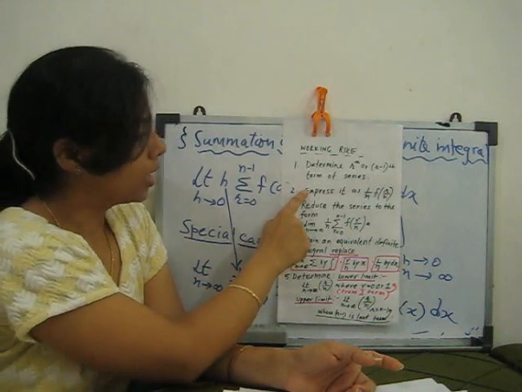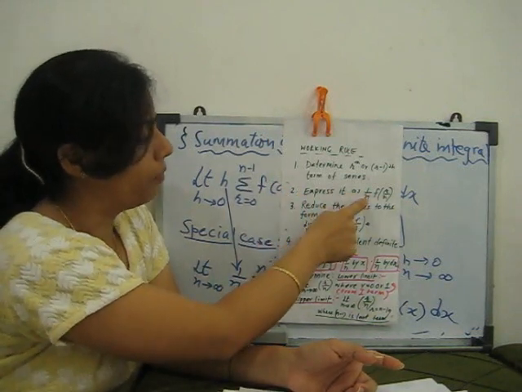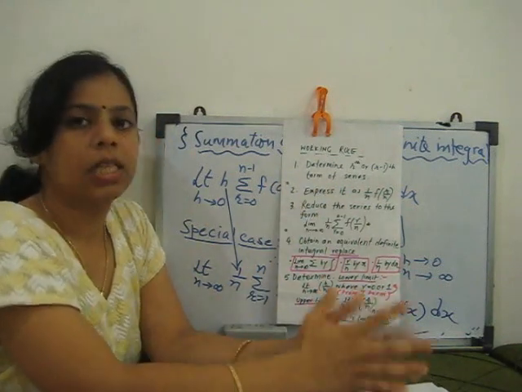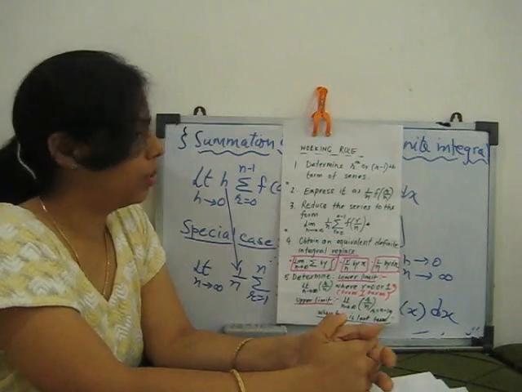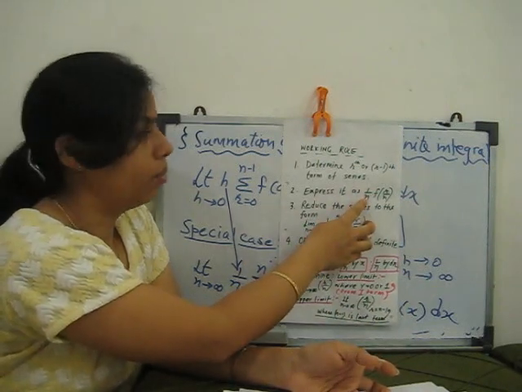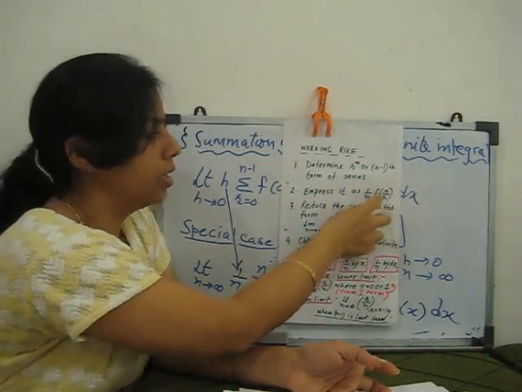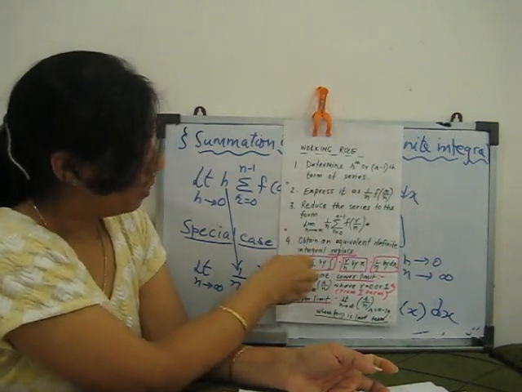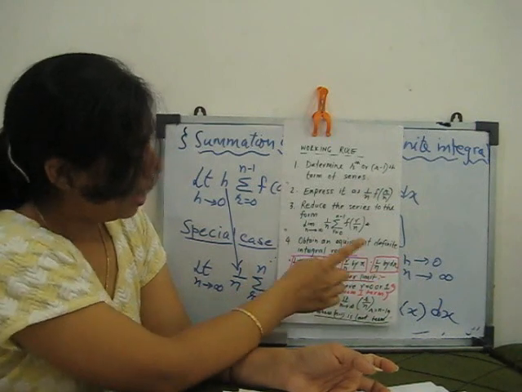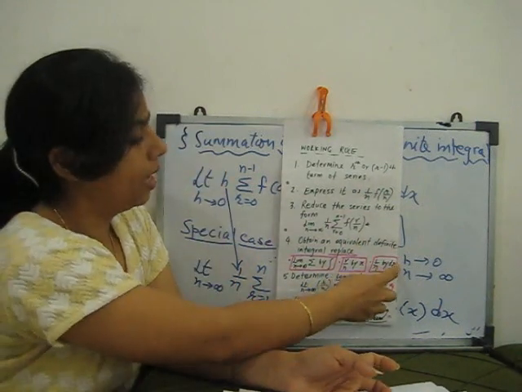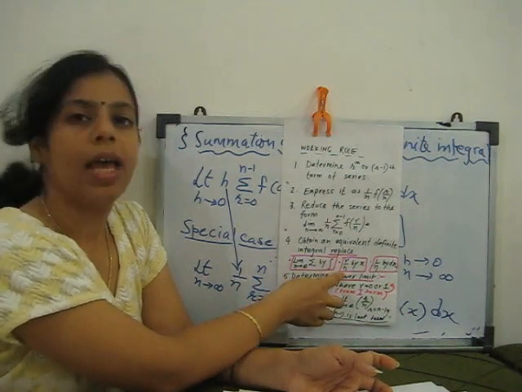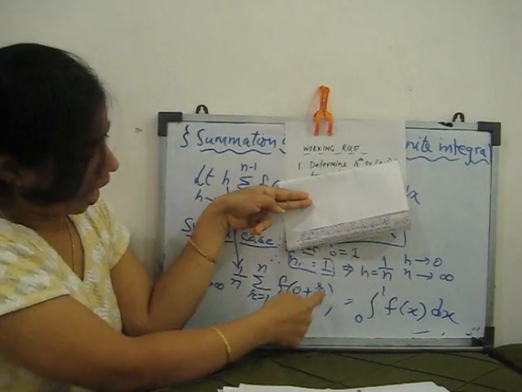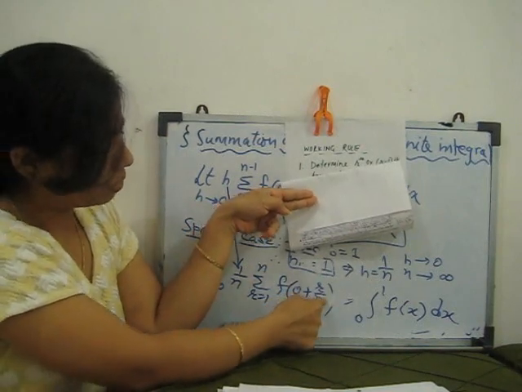Step 2, express it as 1 by n times f of r by n. Whatever term comes, we have to express 1 by n at one place and our function in the form of r by n, because in the integral we have to replace 1 by n with dx, and r by n with x, because we compare with this function of r by n being x.